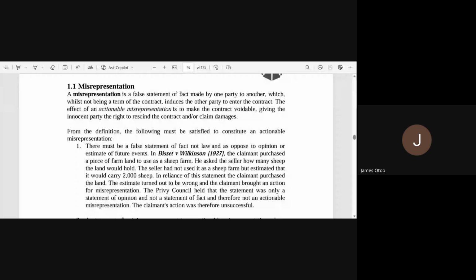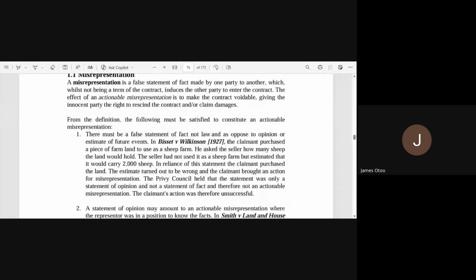The seller, who had not used the land for such farm purposes, estimated it to be 2,000 sheep. The claimant relied on such estimation and purchased the land. It turned out that that statement was false.